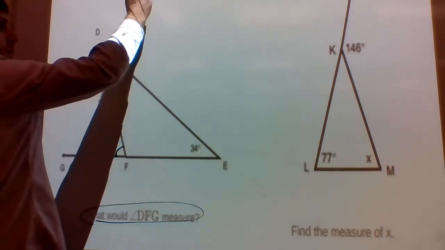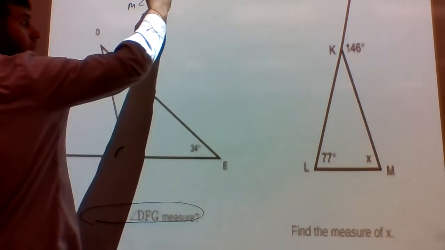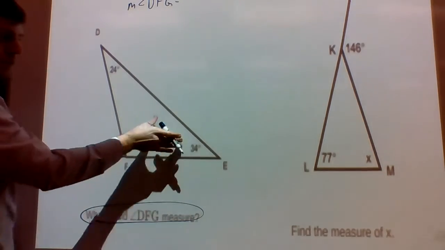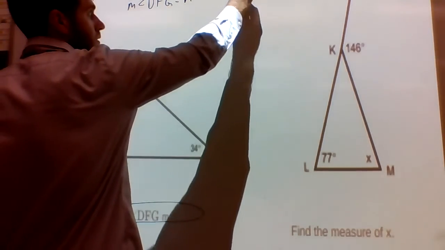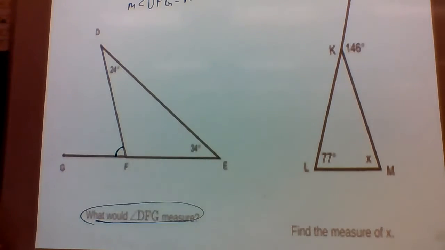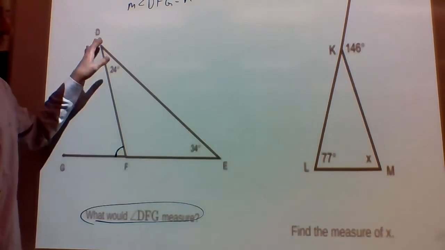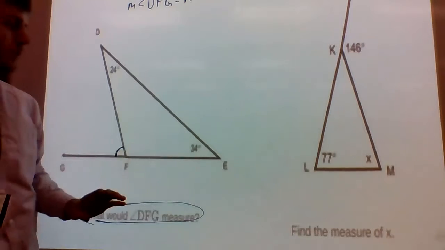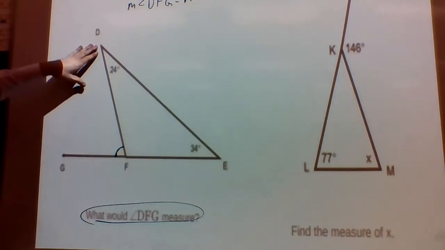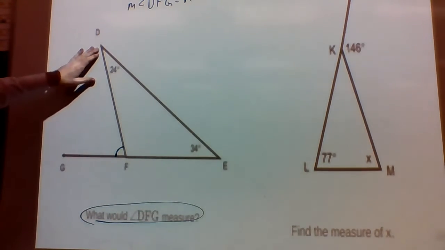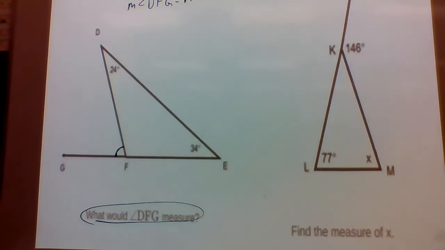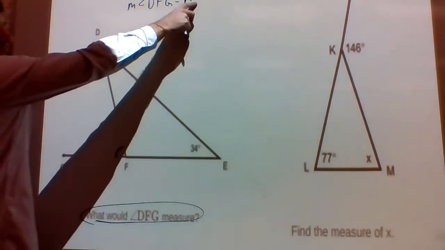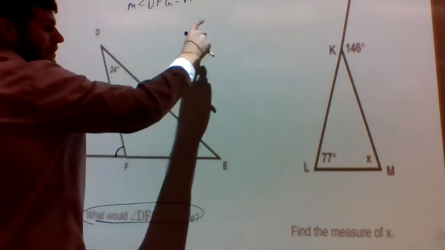So the measure of the angle DFG is going to equal the opposite 2 interior angles. So the measure of angle D plus the measure of angle E. Okay. We can just use the D and the E because there's nothing else attached. There are no other rays or segments or lines that go through point D. It's just this angle and only this angle. But if you wanted to be thorough, we could have called it angle FDE, and the measure of angle DEF.